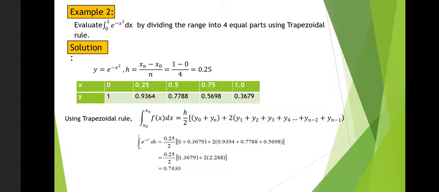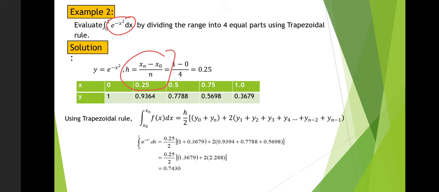First we have to find the value of h. We use the formula h is equal to xn minus x0 by n. Here x0 equals 0, xn equals 1, and the number of intervals n equals 4. So h is equal to 0.25.